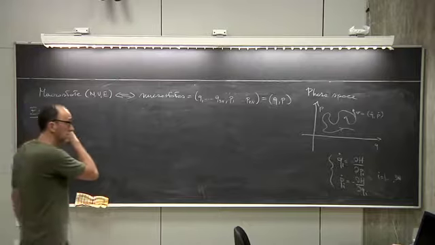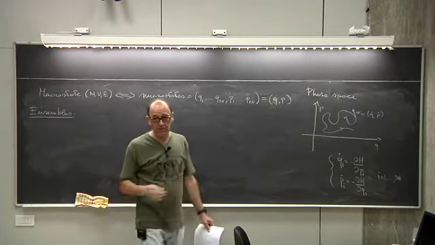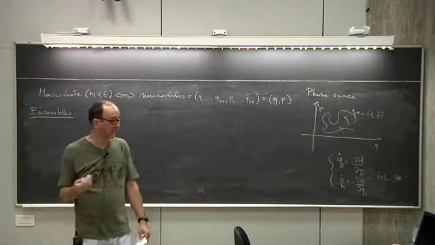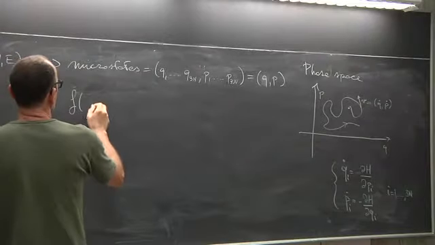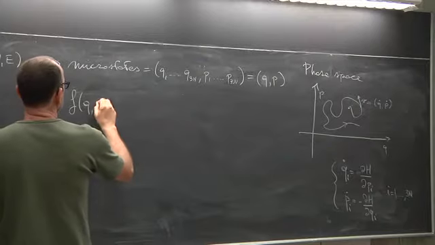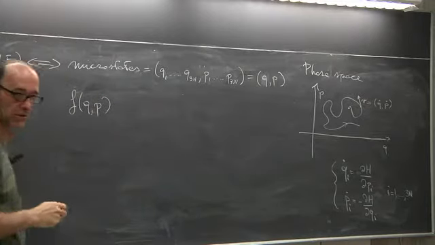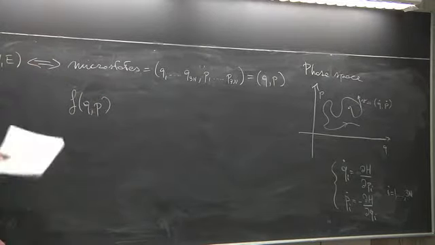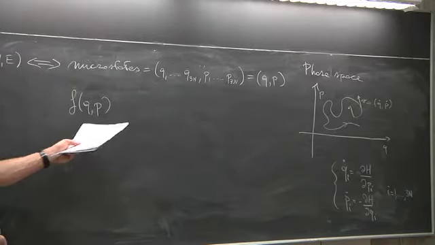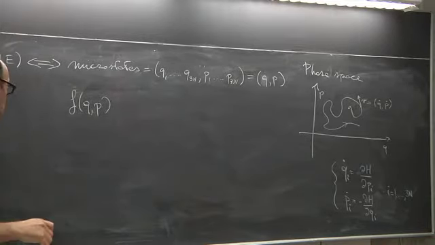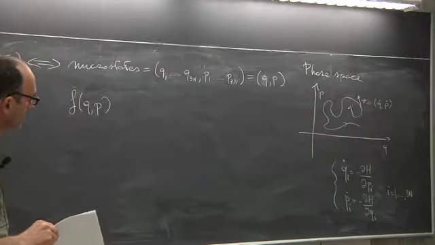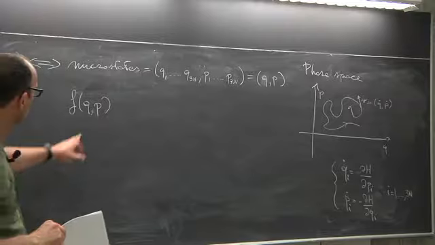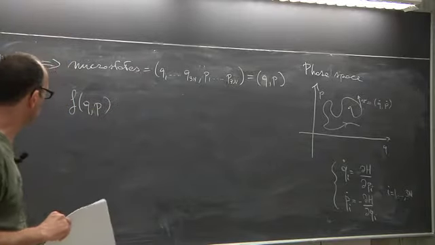Now, what is the idea? Imagine that you want to do an experiment. You want to measure something. You have a function, and what you want to measure will be, in general, a function of coordinates and momenta. For example, you want to measure the energy, which is a function of coordinates and momenta, or some other physical quantity.